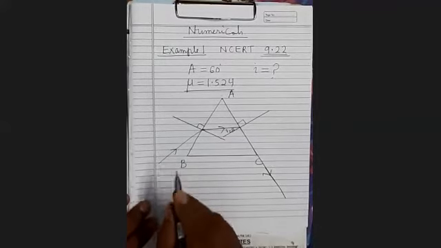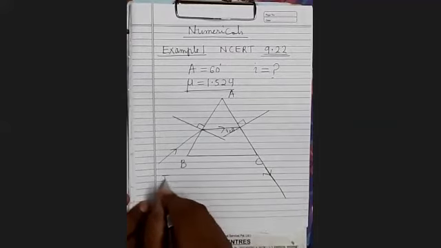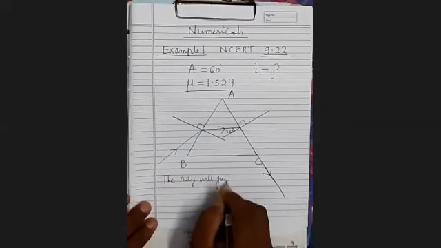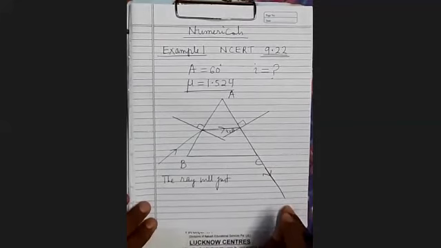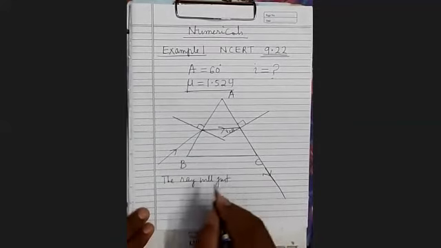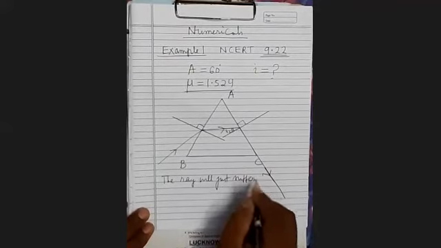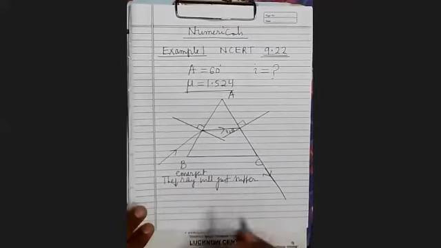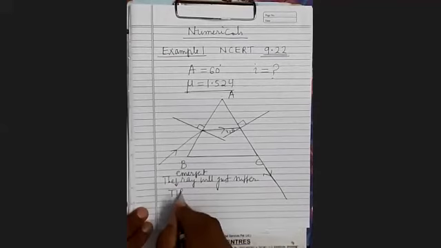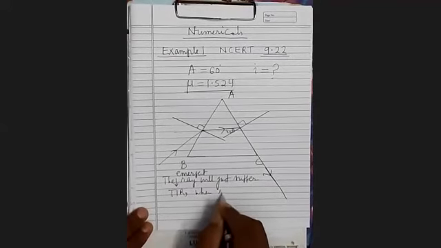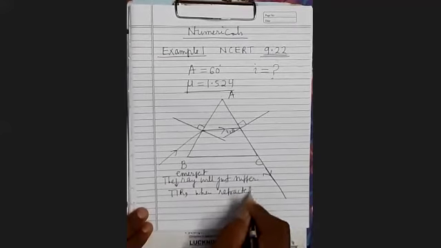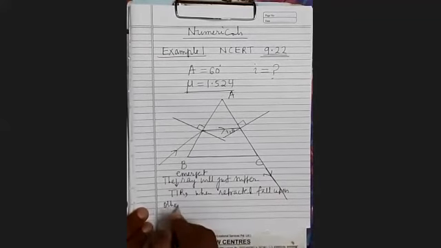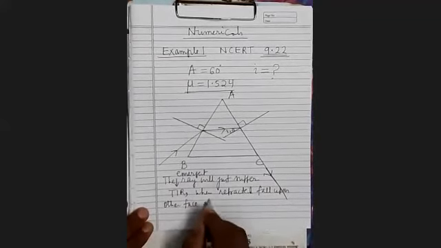The emergent ray will just suffer TIR when the refracted ray falls upon the other face at critical angle.